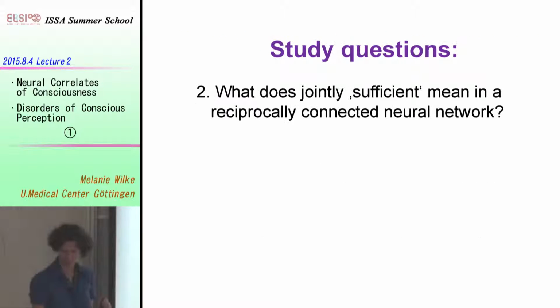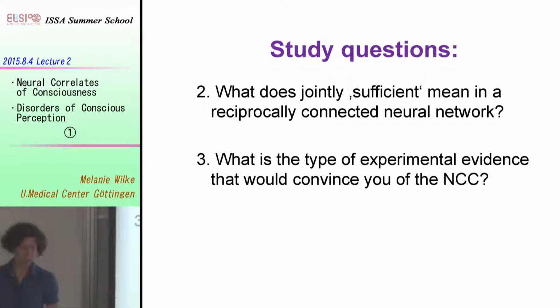And that's the first question I would like to discuss with you in the session later: what does it actually mean, jointly sufficient? What sort of meaning does it have in a reciprocally connected network? And what is the type of experimental evidence that would actually convince you that we have found the neuronal correlate of consciousness?